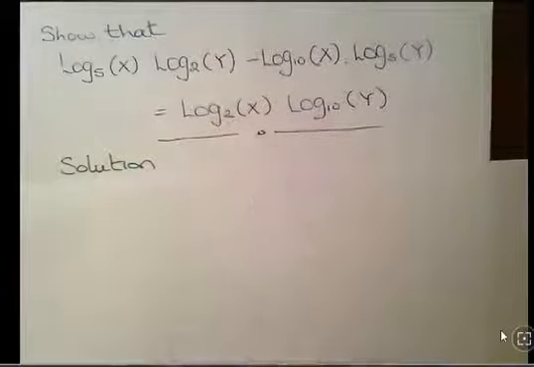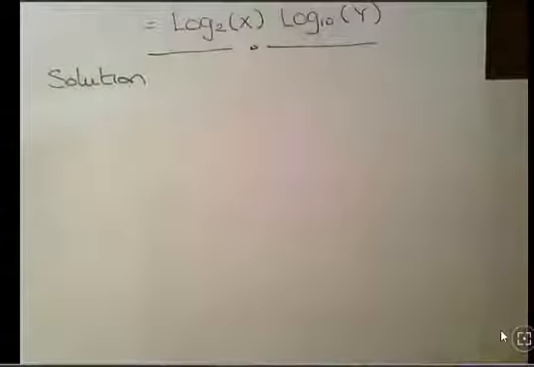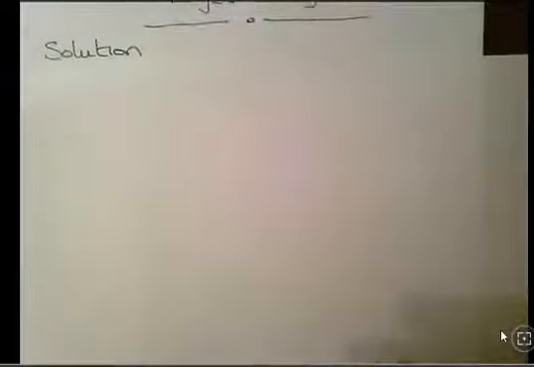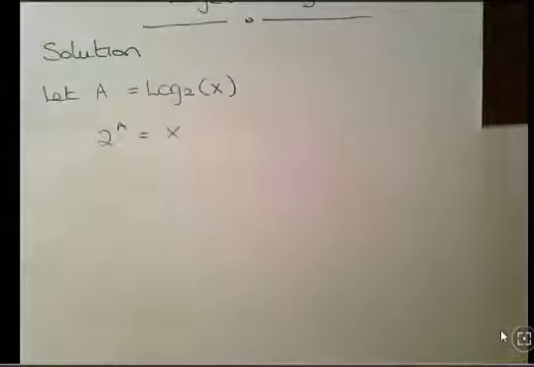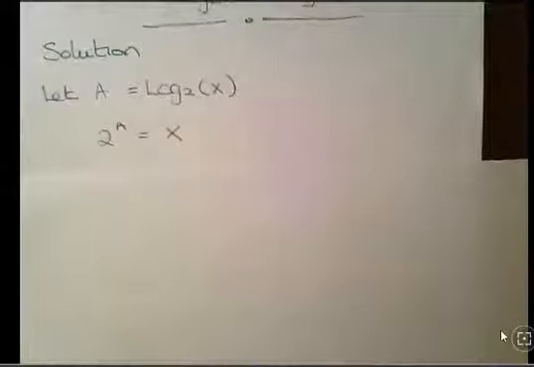Okay, so let's push ourselves into that. What I'll do here is let a equal log of x to the base 2, and necessarily 2 to the power of a is equal to x. So what we're going to do is get the logarithm to the base 5 and the base 10 of what we have there.